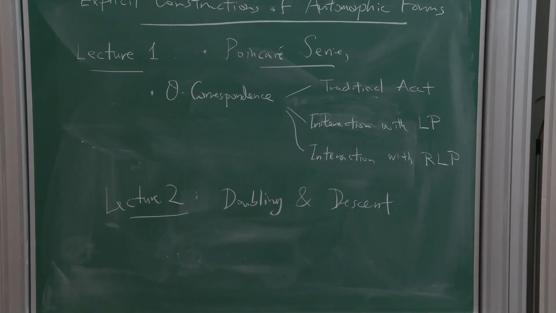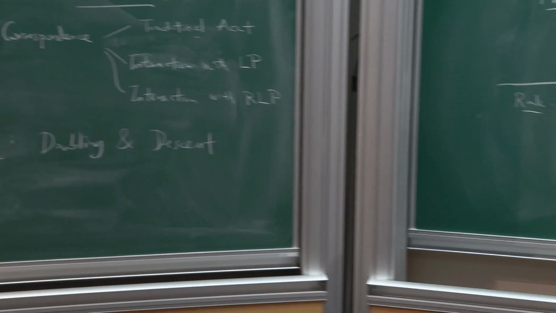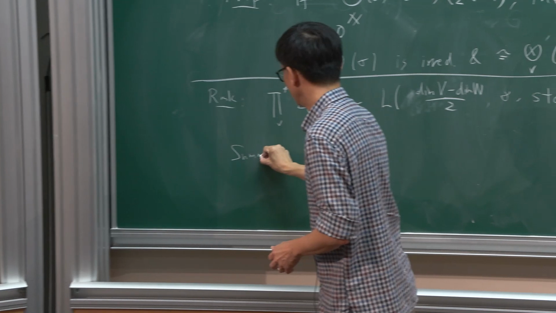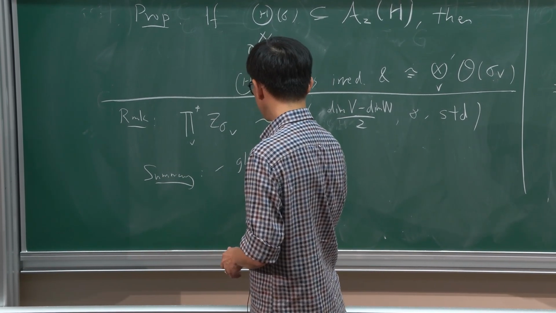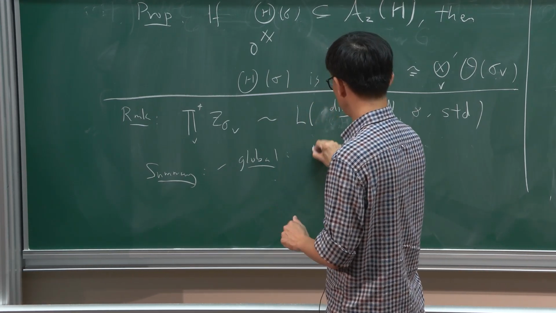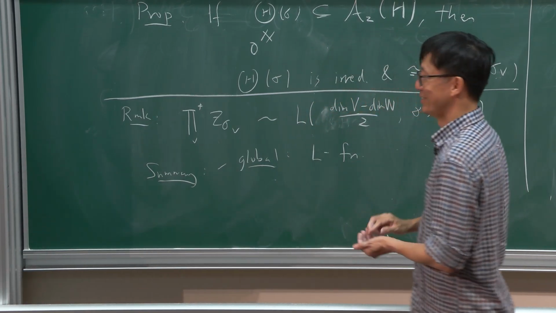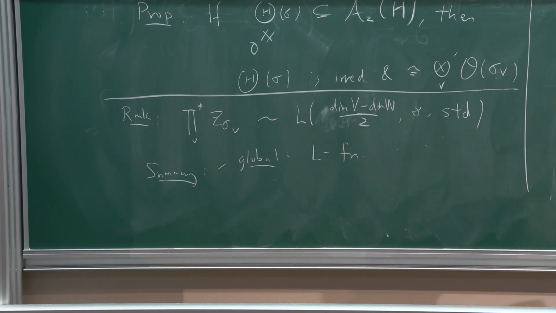You see, as a summary, right? After all this discussion, you see that all these questions come down to the following. So there's a global question, which is about L functions, right? We want to know whether this thing is 0 or not. It comes down to whether this L value is 0 or not, for example.